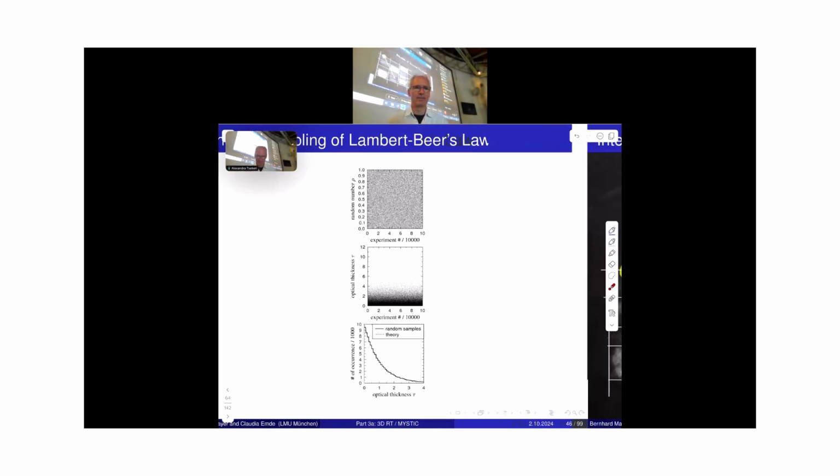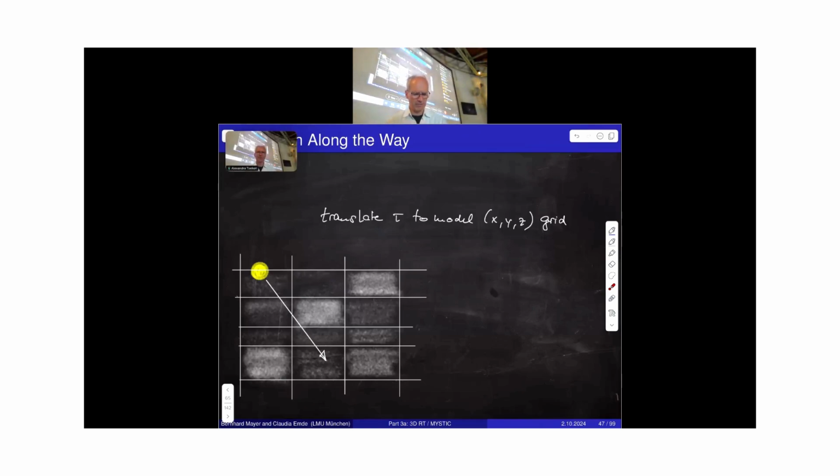And then this is important, that you get good random numbers, by the way. And you jump somewhere in optical distance units, and then the next important step is to translate this to the grid again. Because you have a grid here with different extinction and scattering coefficients in each grid box. And this is actually a time-consuming process because you have to go through all the grid boxes here and count extinction times step width within this grid box, which gives you the optical thickness in this grid box, and then you add up all the optical thickness until you arrive at a certain point.